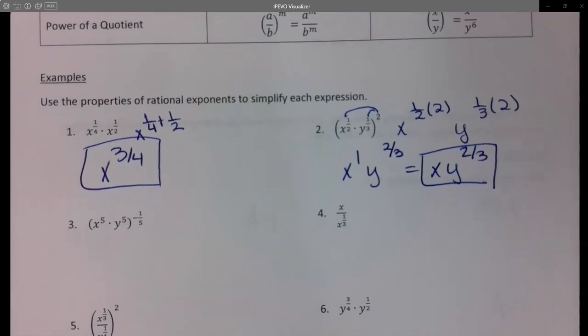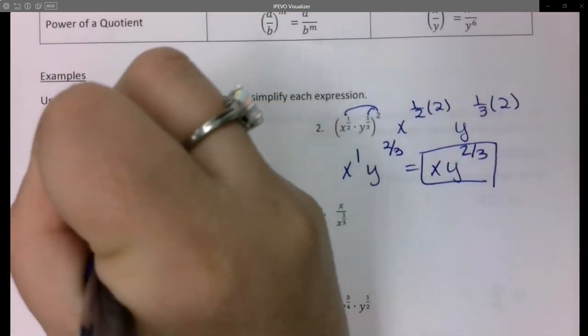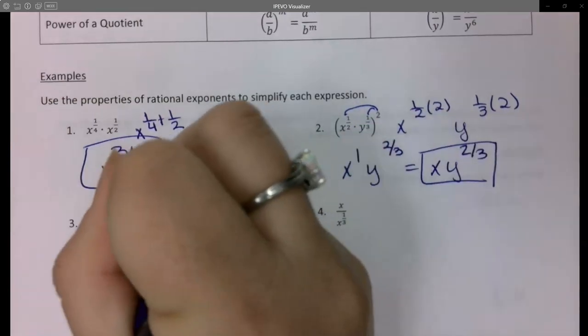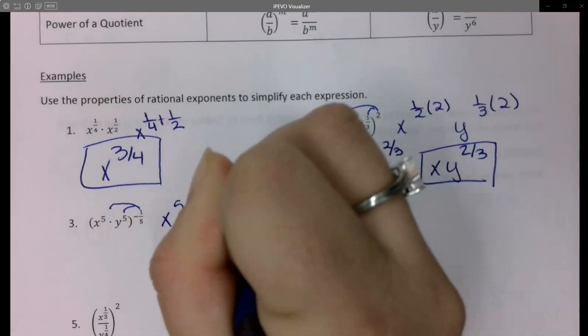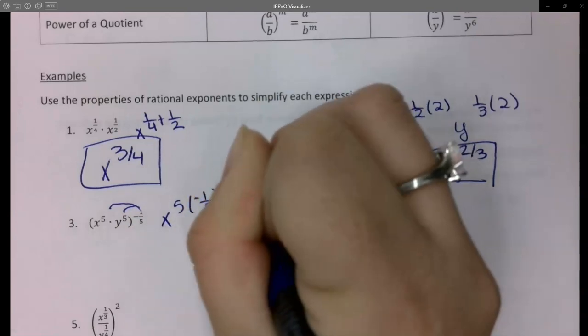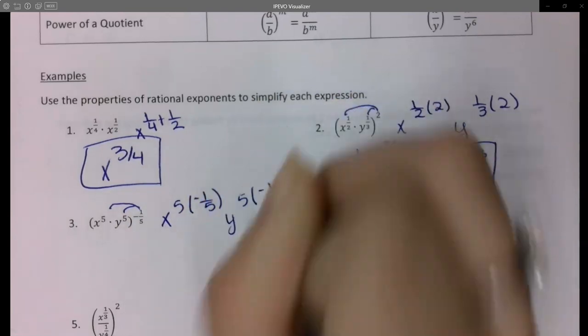Okay. On number 3, same idea. I want to distribute my exponent. So I'm going to have x to the 5th times negative 1/5 and y to the 5th times the negative 1/5.